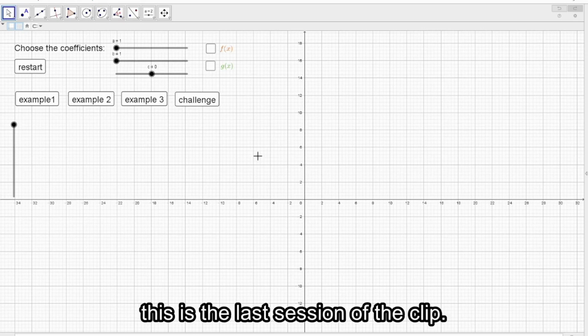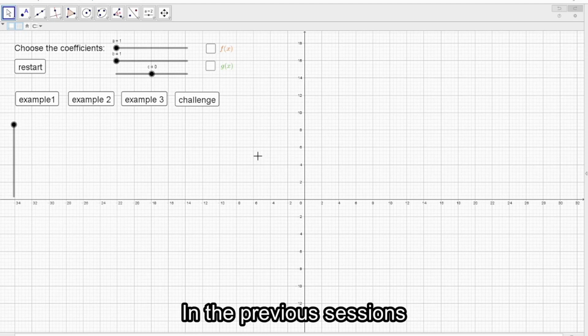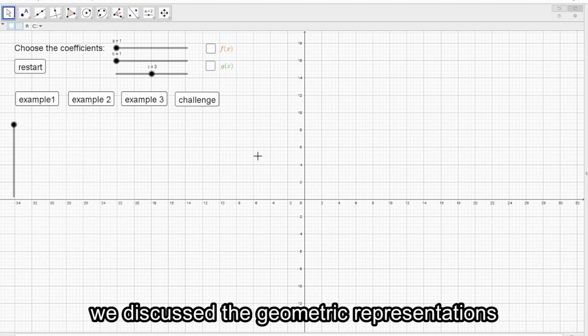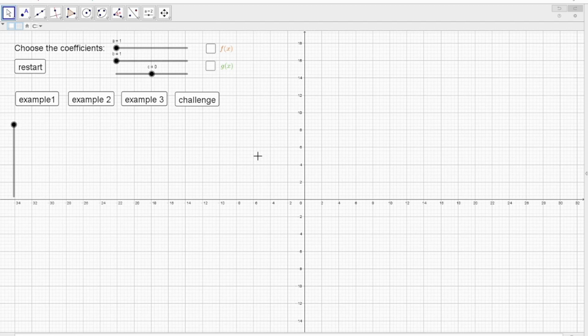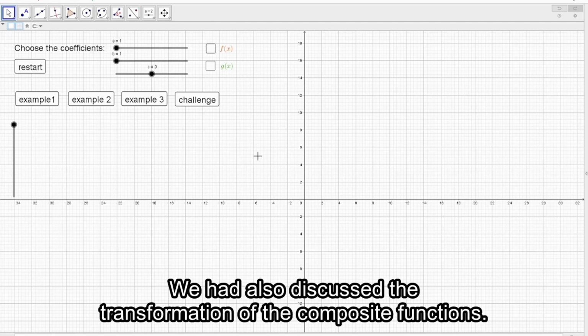Hello everyone, this is the last session of the clip. In the previous sessions, we discussed the geometric representations of completing the square. We had also discussed the transformation of the composite functions.